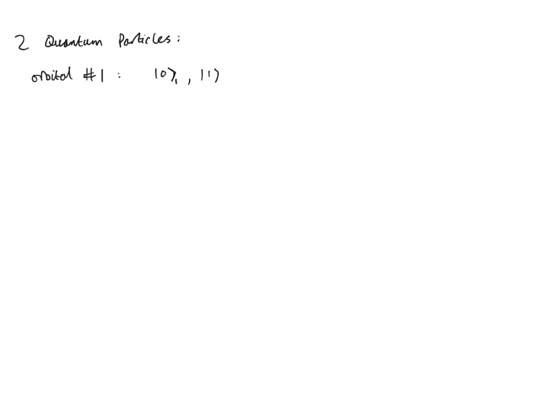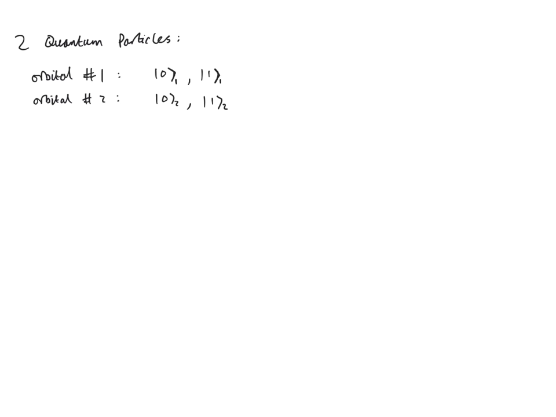So I'm going to put a subscript 1 outside of this ket here, which tells us that we're talking about orbital number 1. Likewise, for orbital number 2, I have 2 possible states, 0 or 1.